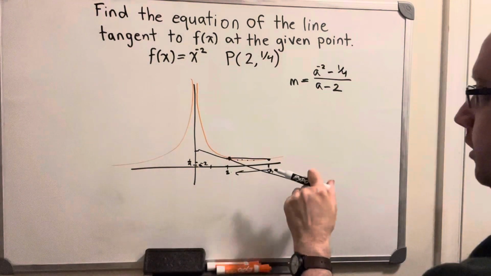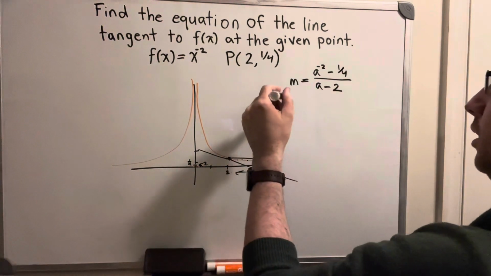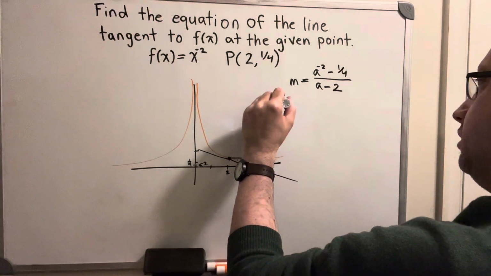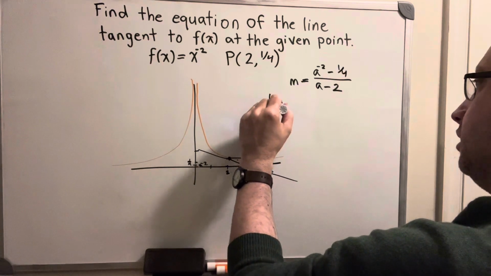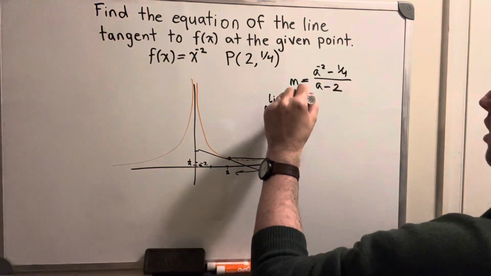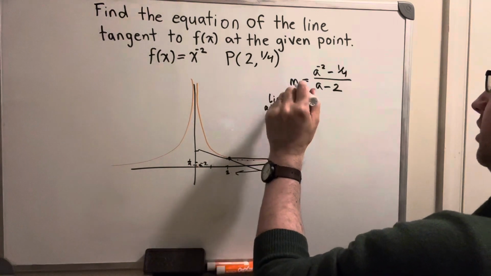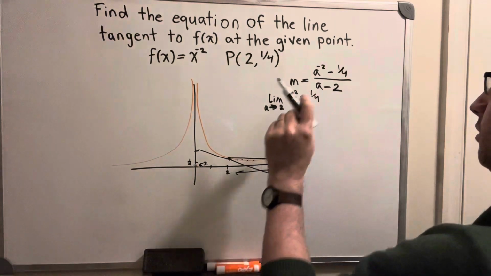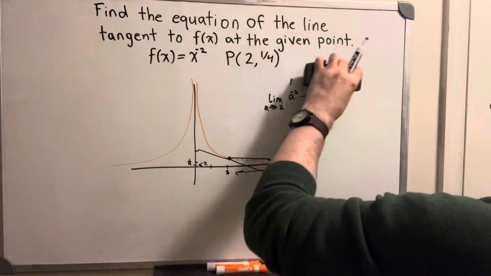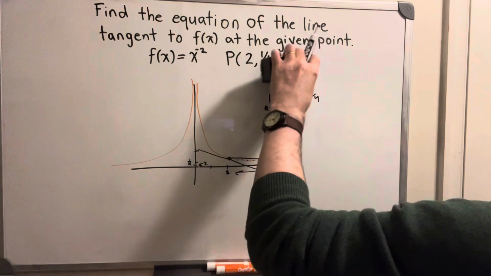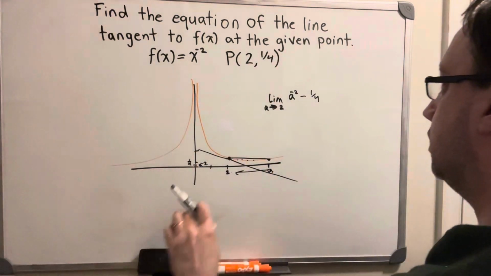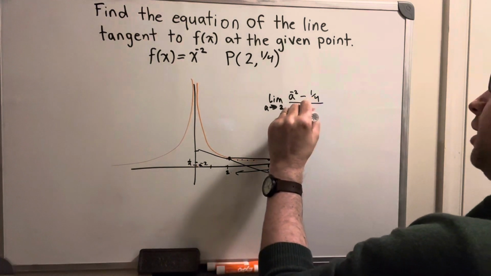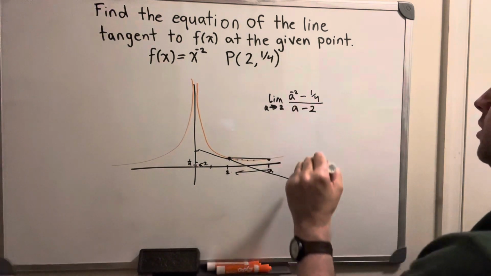And as a gets closer and closer to 2, the slope of the tangent line will be the limit as a approaches 2 of a to the minus 2 minus 1/4 over a minus 2.